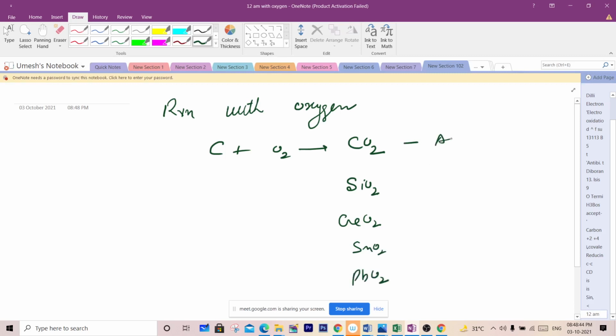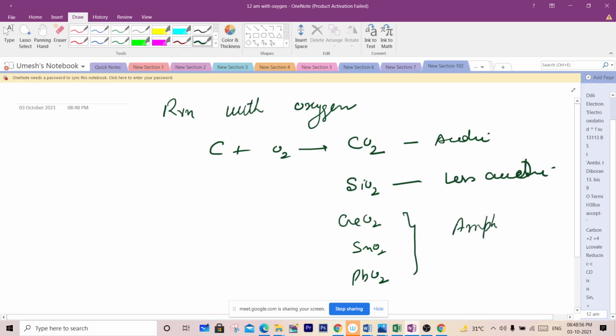Carbon dioxide is acidic in nature. Silicon dioxide is less acidic. And these others are amphoteric in nature. What is amphoteric? Which can act like an acid as well as a base. That is called amphoteric.